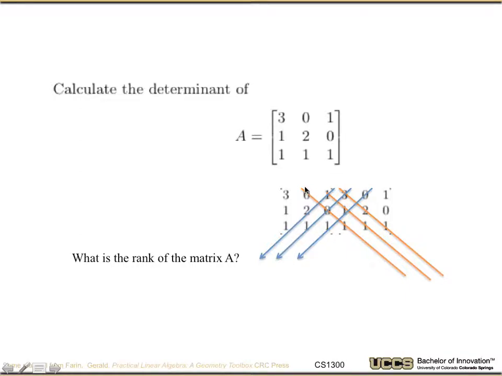So overall, I have 6 plus 1, which is 7, minus 2, which is 5. Our determinant is 5. And then the rank of the matrix, well, if the determinant is non-zero, then we know the matrix is non-singular, it's full rank, so this is 3.